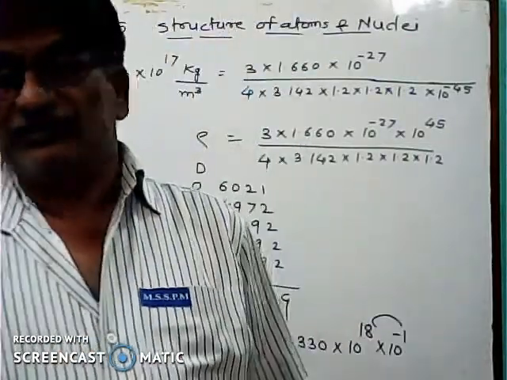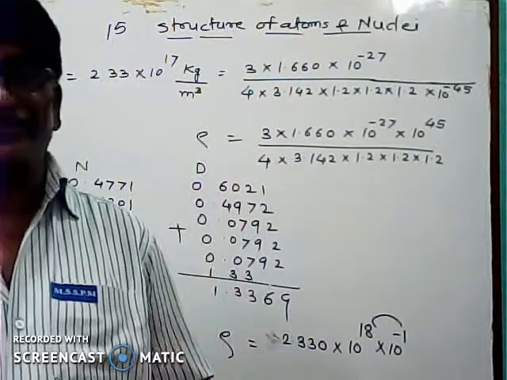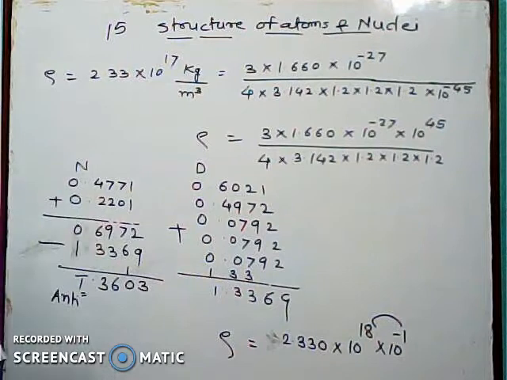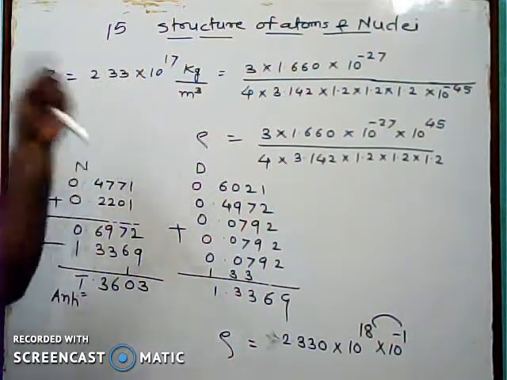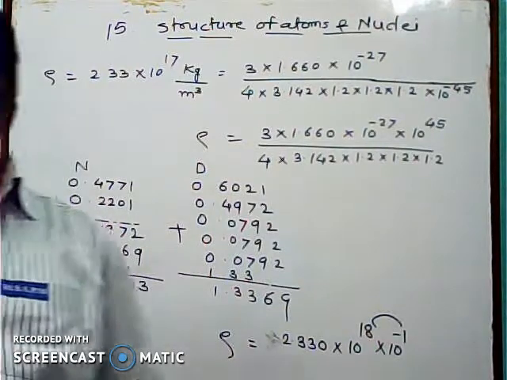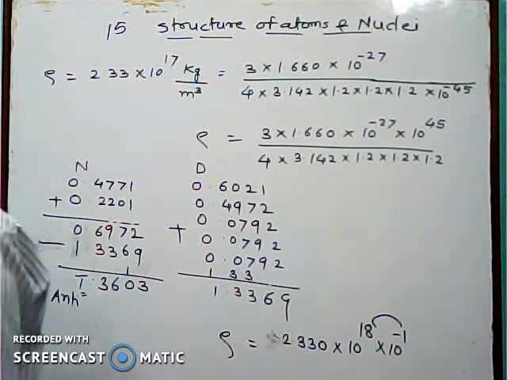So this constant value is extremely large, because its value is 2.33 into 10 to the power 17.